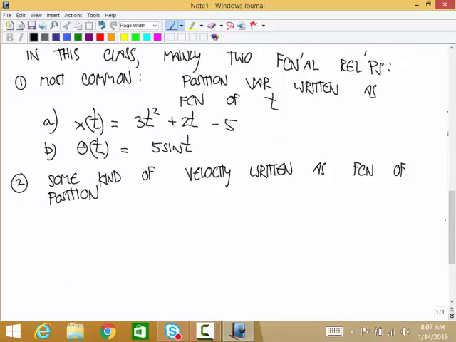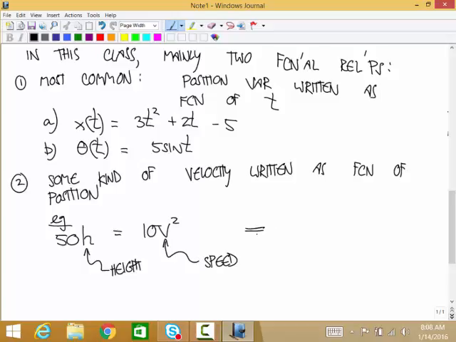So, for example, you might see something like 50 times the height of some object is equal to 10 times the speed squared, where h is a height and this is a speed.